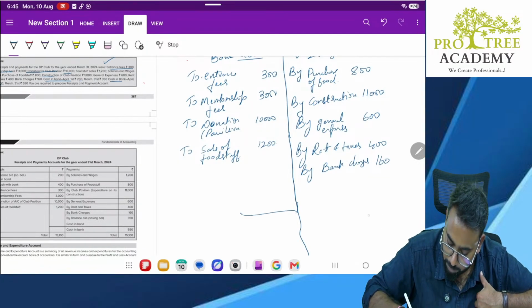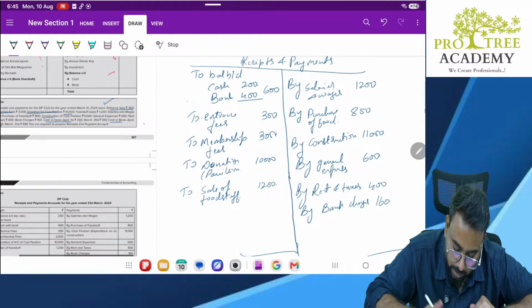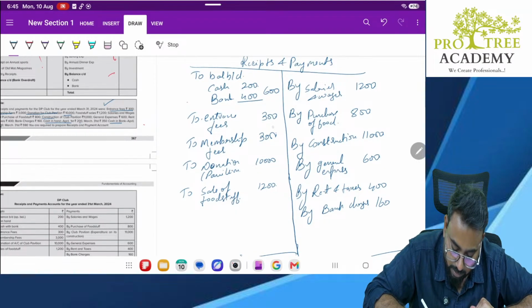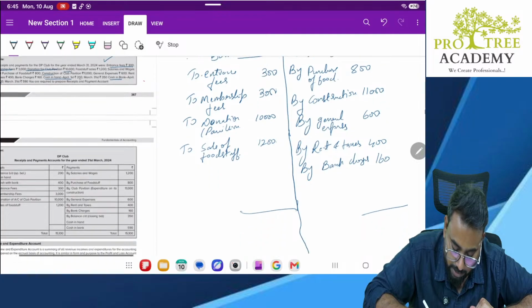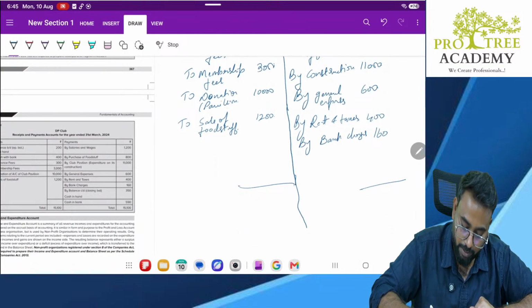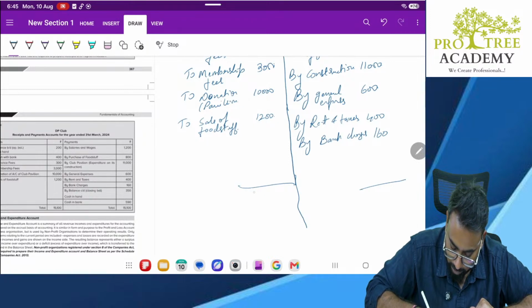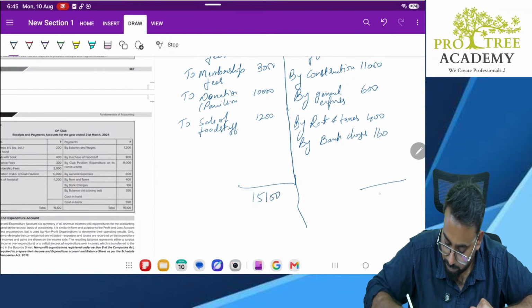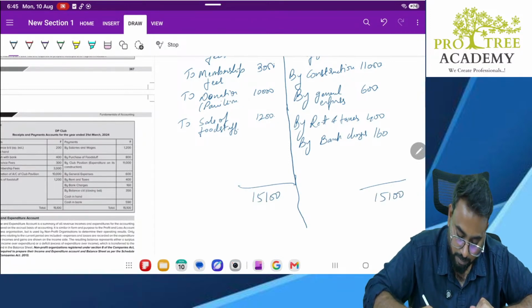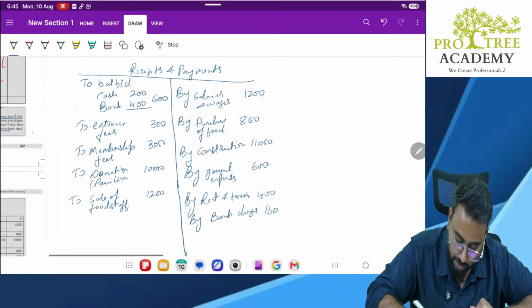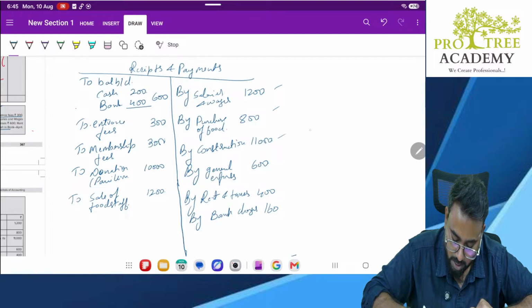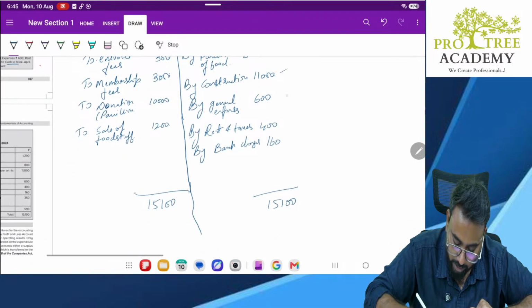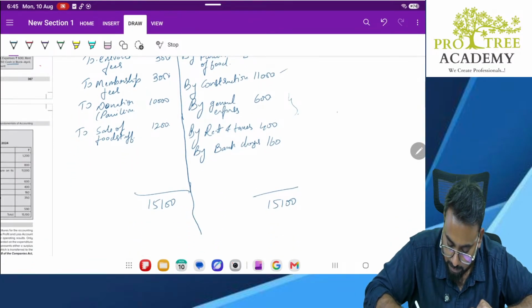Can you find out the total, please? 600 plus 300, 900. So 3000, 3900. 3900 plus 10,000 is 13,900. 13,900, 14,900, 15,000, 15,100. Now what is the total here? 1200 plus 800 is 2000. 2000 plus 11,000 is 13,000. 13,000 plus this put together is 14,000, 14,160.